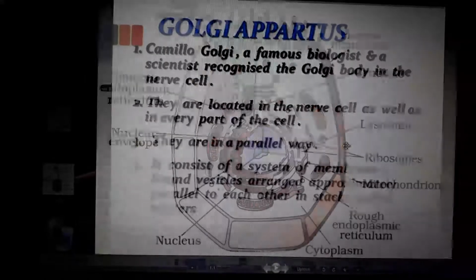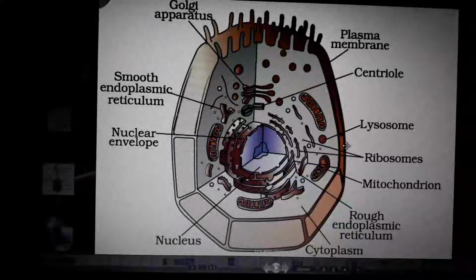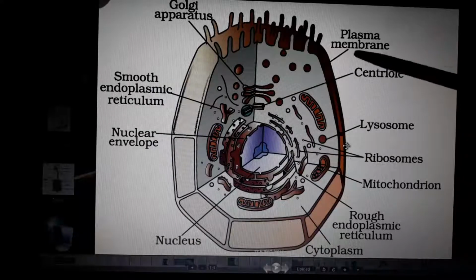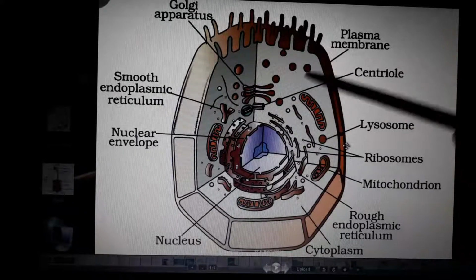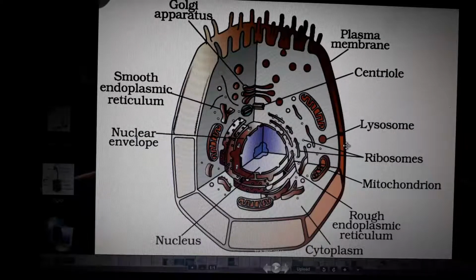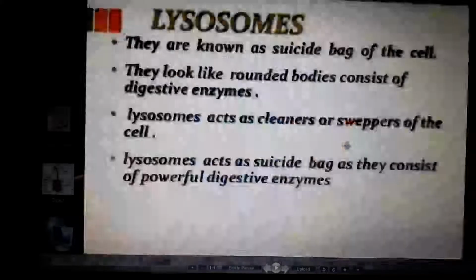If you want, I will post these diagrams in that WhatsApp group. So we have the plasma membrane, through which oxygen, carbon dioxide, or water is entering or going outside. Then this centriole, leave it, we don't want to study that. Okay, lysosome, what's the purpose of these lysosomes? You studied about ribosomes?